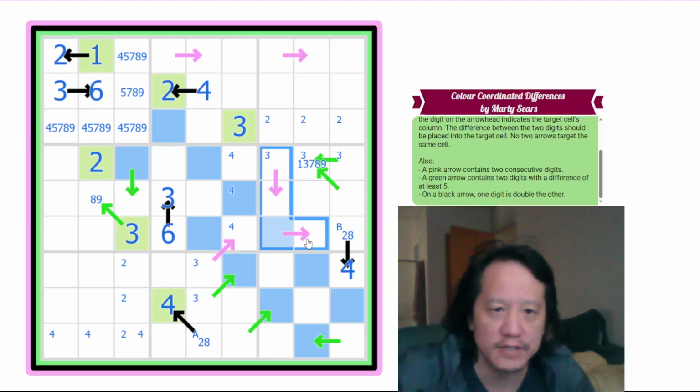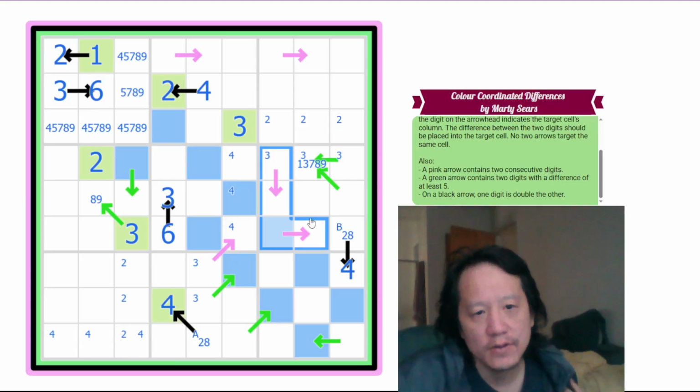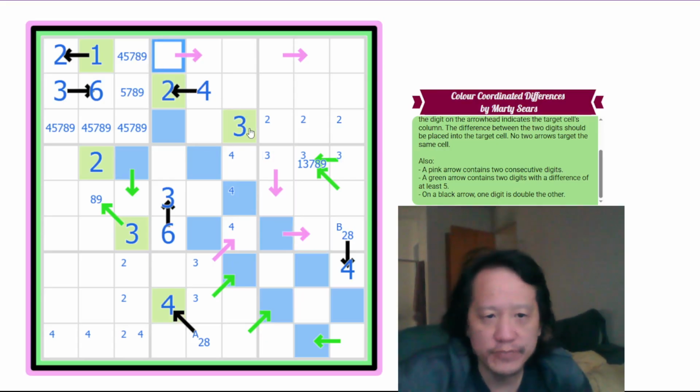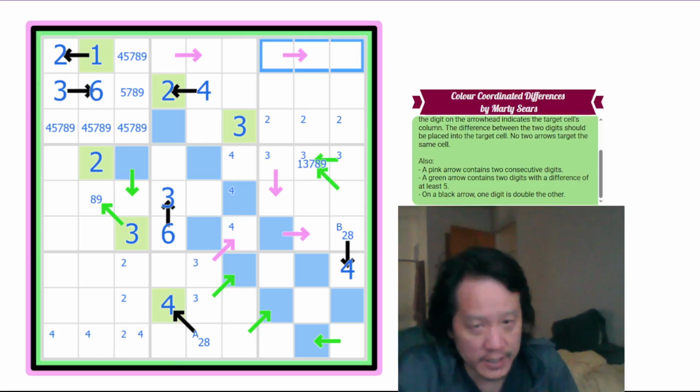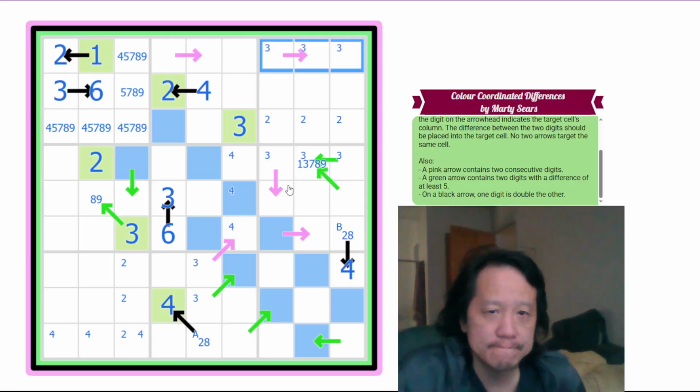Does that tell us anything? Maybe. I don't know. Where's 3 in row 1? It has to be one of these 3.